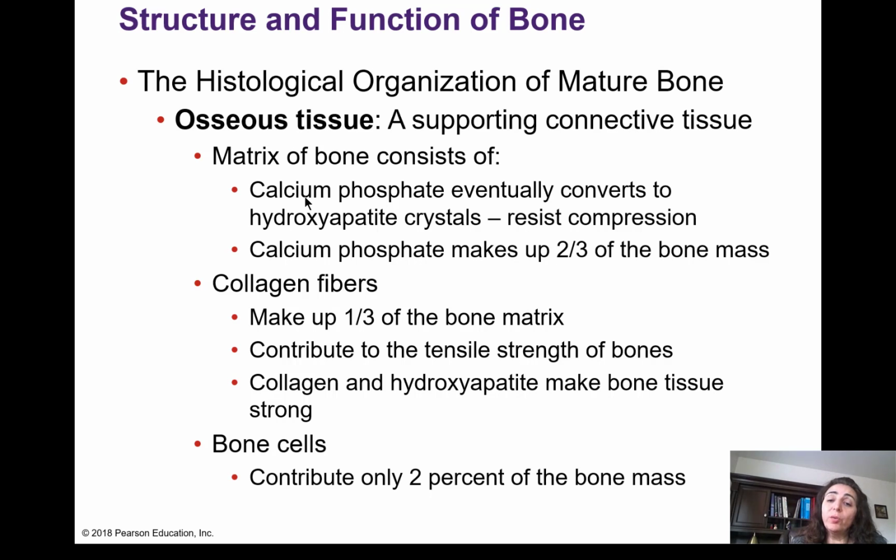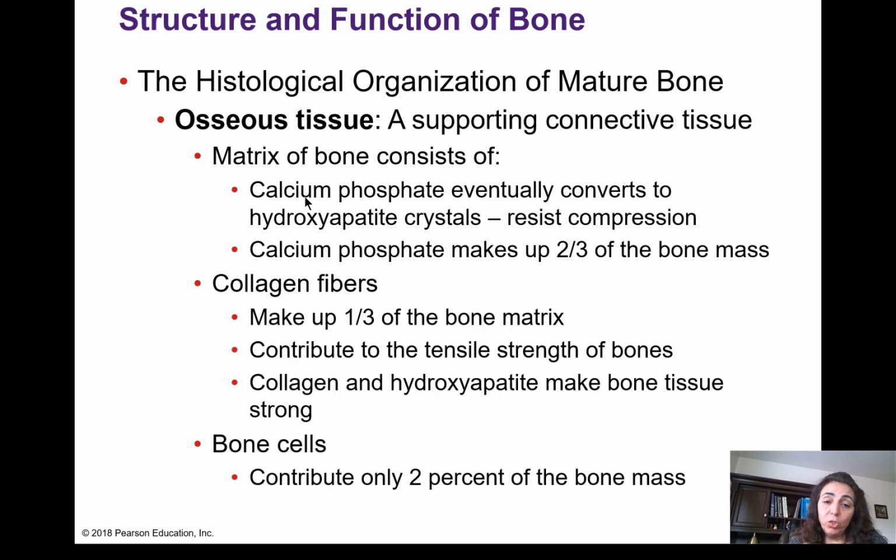These hydroxyapatite crystals resist compression. And this is the one that makes the bone so hard and solid and in most cases unbreakable, right? This calcium phosphate makes about 2/3 of the bone mass.